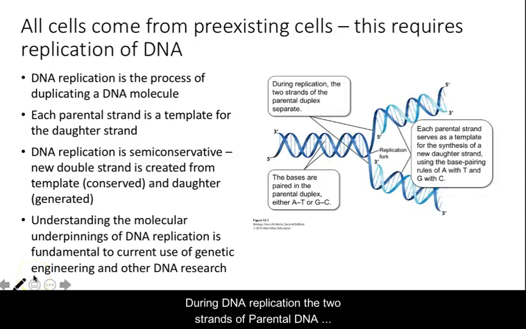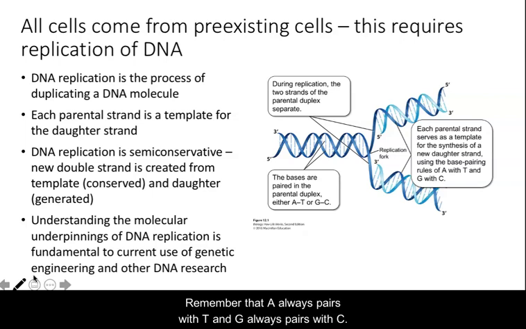During DNA replication, the two strands of parental DNA separate, and each parent strand serves as the template strand for the synthesis of a daughter strand. The order of the bases in the template strand determines the order of the complementary bases added to the daughter strand.